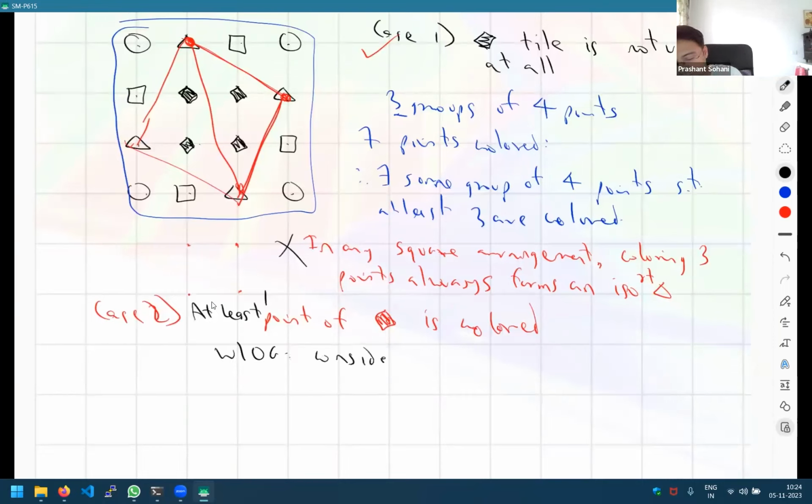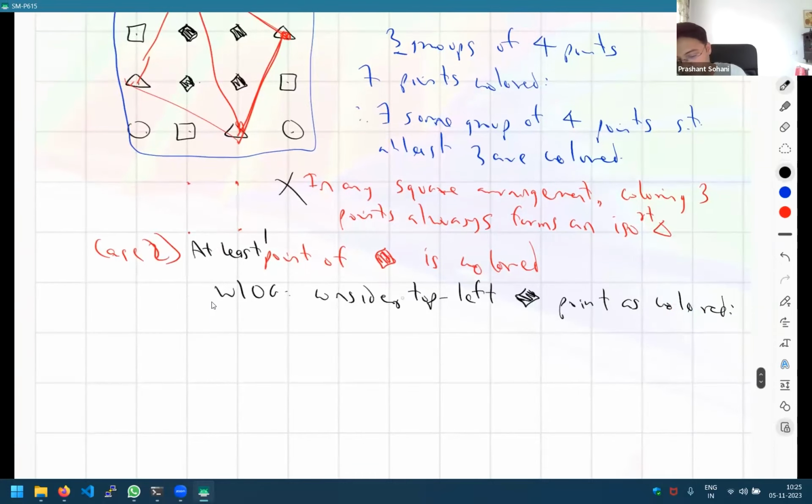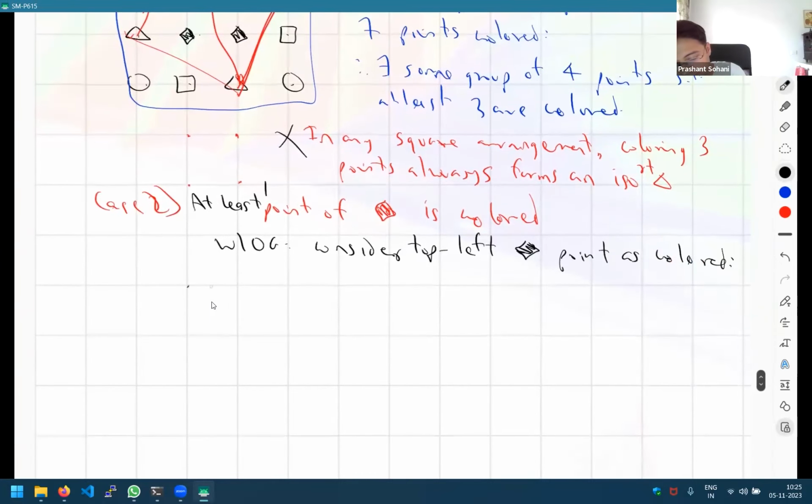consider the top left point as colored. Okay. So, your diagram looks something like this. Out of this, only this point is colored, is given to us.